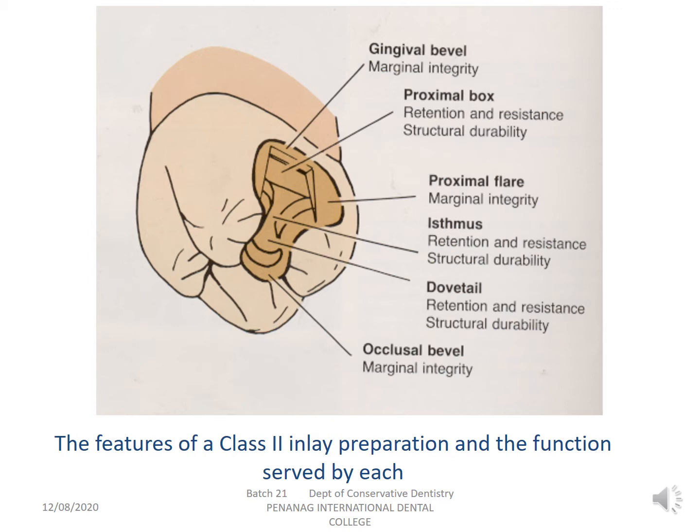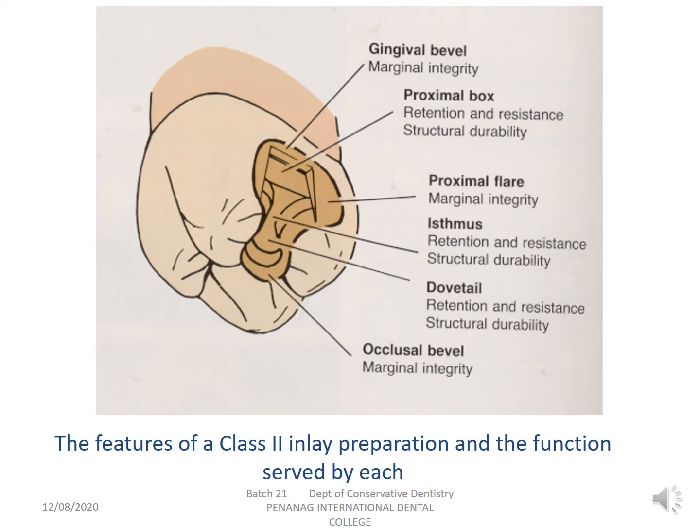The cavosurface margins in the preparation are beveled all throughout. On the occlusal side, you have the occlusal bevel. On the proximal, you have proximal flares, and on the gingival side, you have the gingival bevel. The reason for giving the bevels is that it gives an obtuse cavosurface margin, which provides 30 to 40 degrees marginal metal which can be burnished to the cavosurface margin.